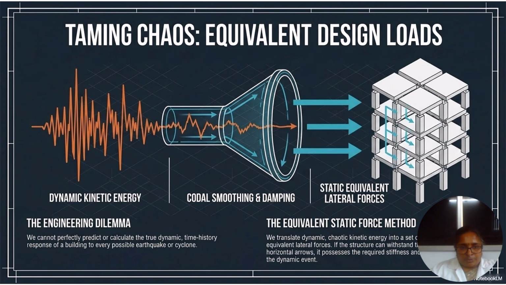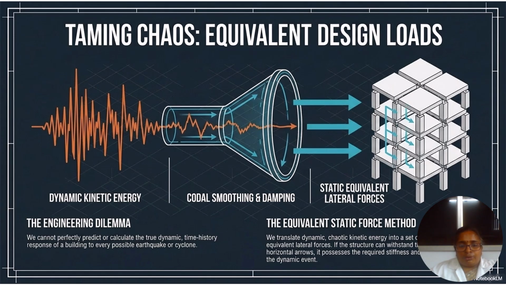Now, equivalent design loads. The dynamic kinetic energy, through codal provisions such as smoothing and damping, is converted into static equivalent lateral forces. We cannot perfectly predict or calculate the true dynamic time-history response of a building to every possible earthquake or cyclone. Since it is, as the name indicates, abnormal, instantaneous and dynamic, we cannot predict it.